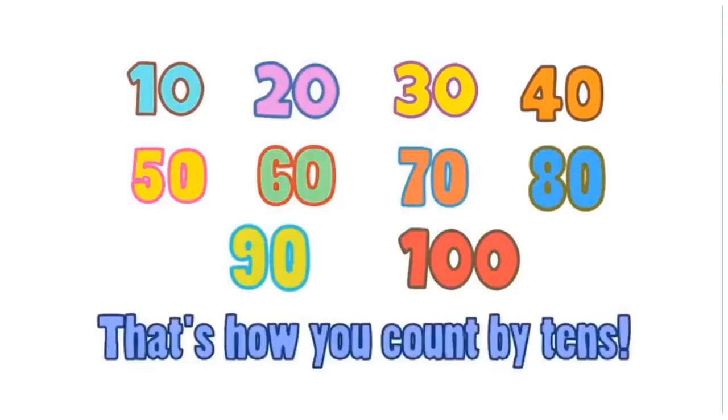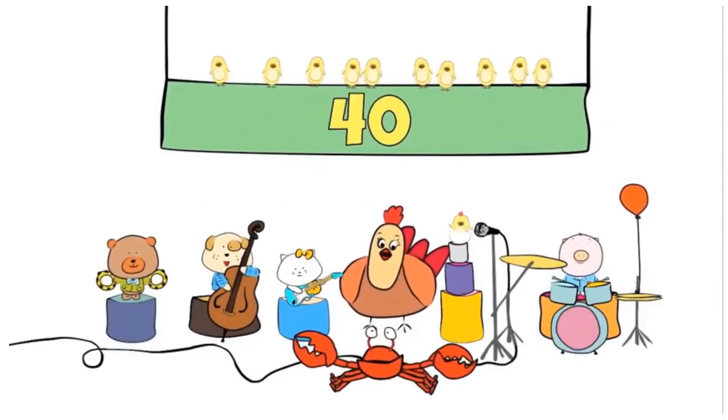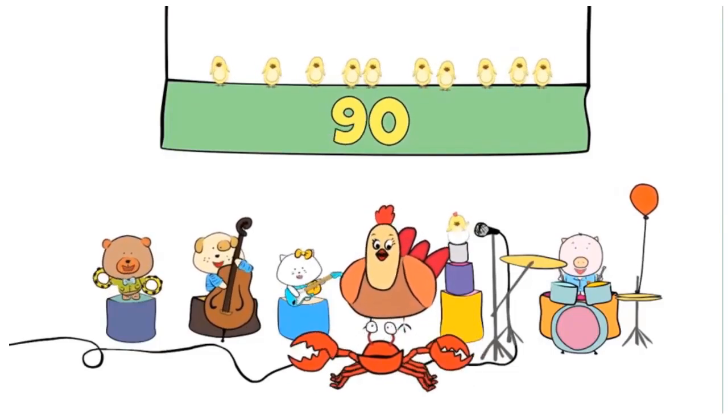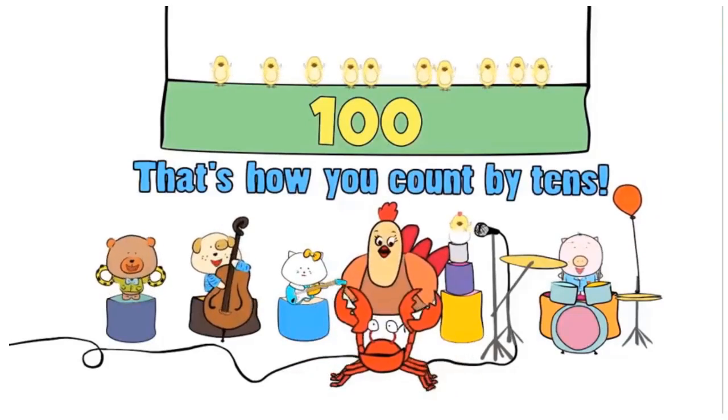That's how you count by tens. 10, 20, 30, 40, 50, 60, 70, 80, 90, 100. That's how you count by tens.